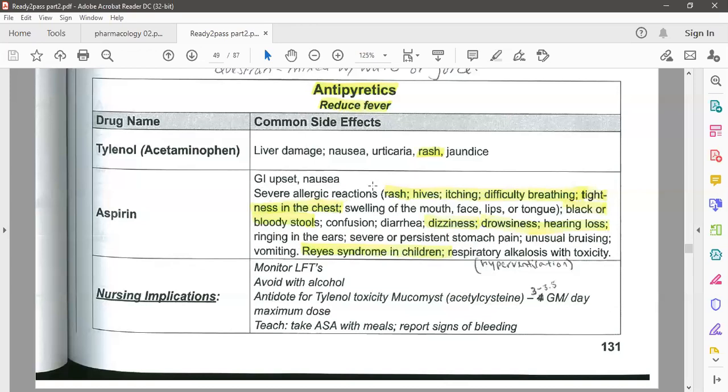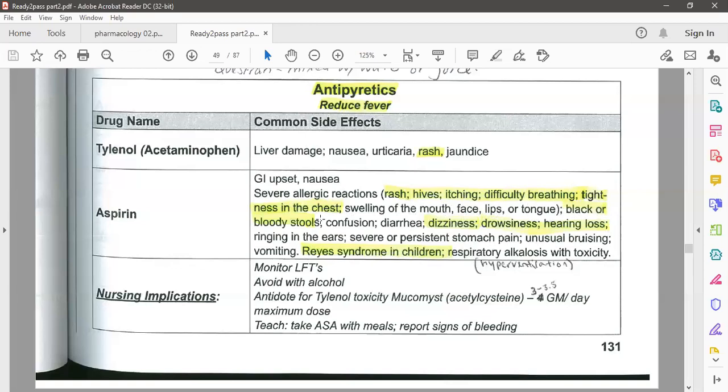You see skin rash, itching, difficulty breathing, tightness over the chest, swelling in the mouth, face, lips, or tongue. Sometimes black or bloody stool comes because they can cause GI bleeding.